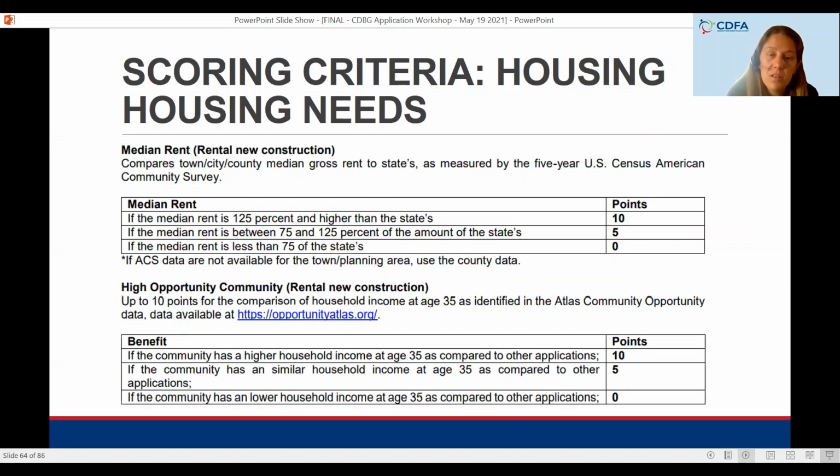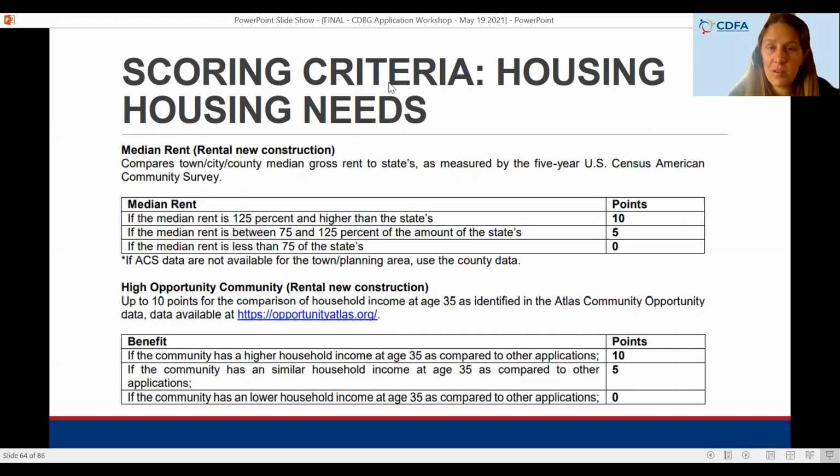If it has a similar household income at age 35 as compared to other applications in the round, it would receive 5 points. And if the community has a lower household income at age 35, it will receive 0 points. So this again is to encourage the construction of affordable housing in communities that are considered high opportunity communities. And I'll just pause there to be sure that I've answered the question.